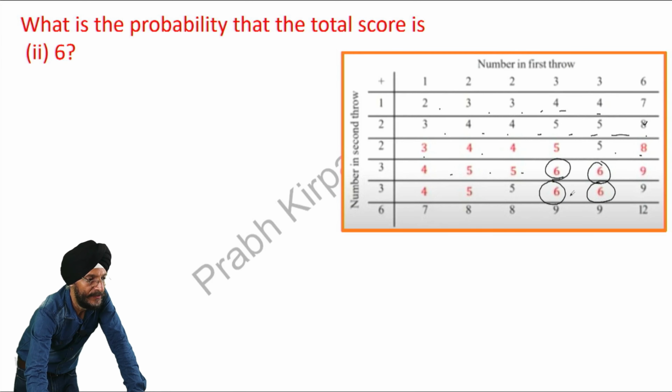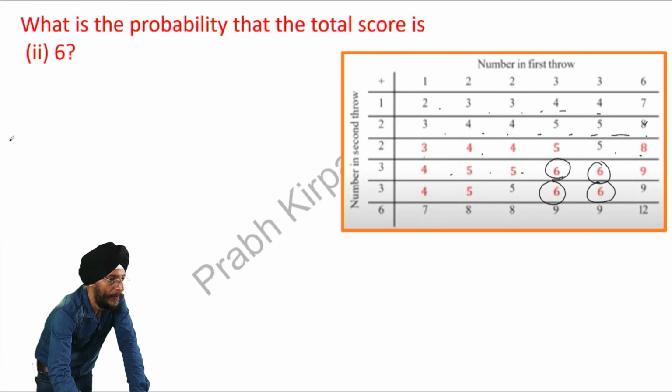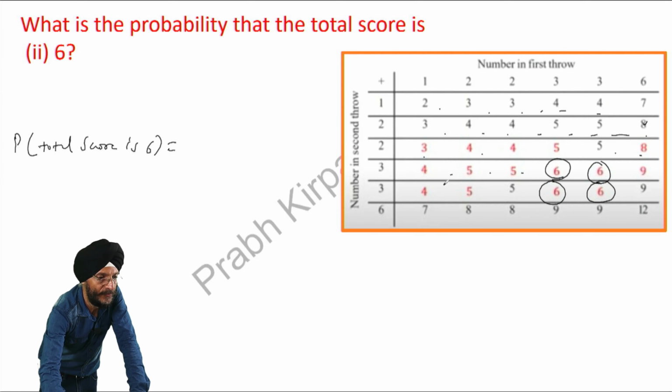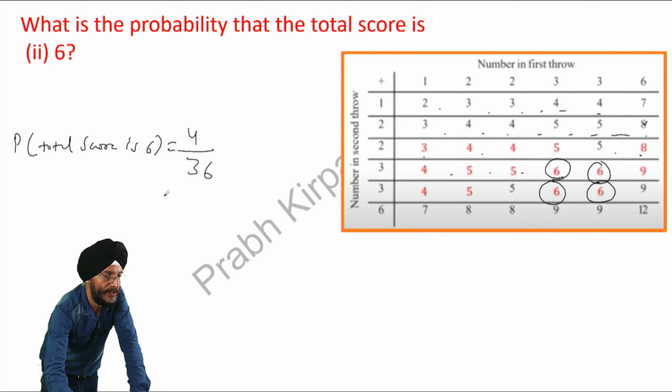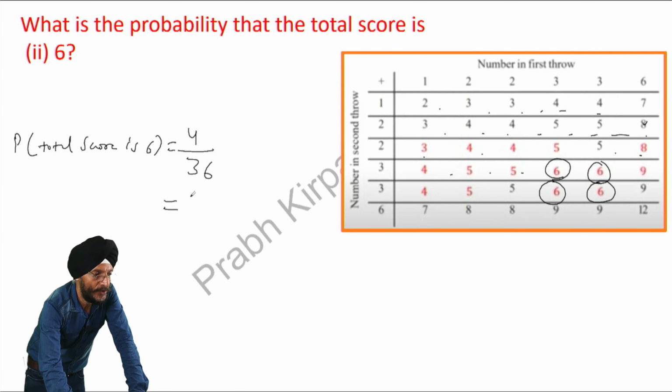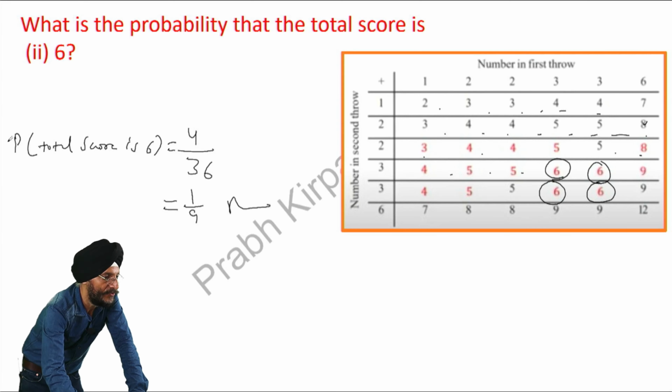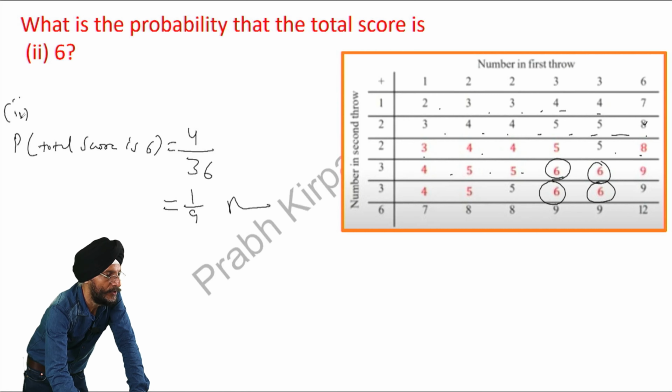Here it is 6. So the probability that total score is 6 is number of favorable outcomes. Favorable outcomes here are 4 out of the total number of possible outcomes. Here the answer is 1 over 9. It is the answer of the second part of the question.